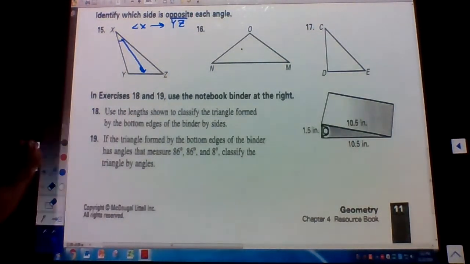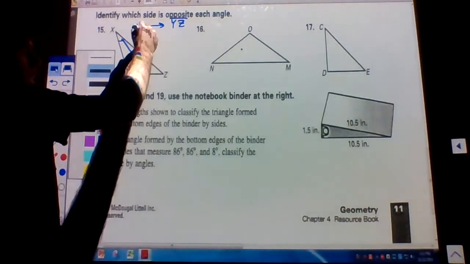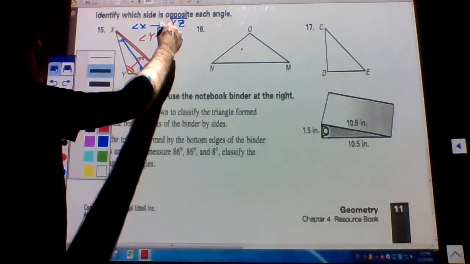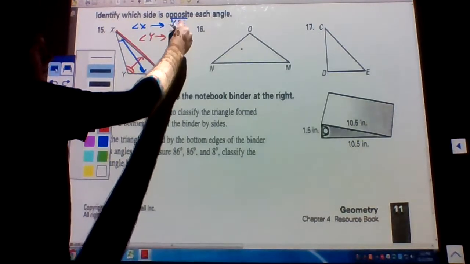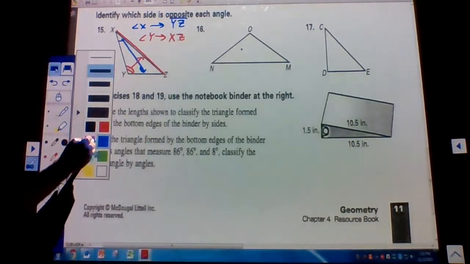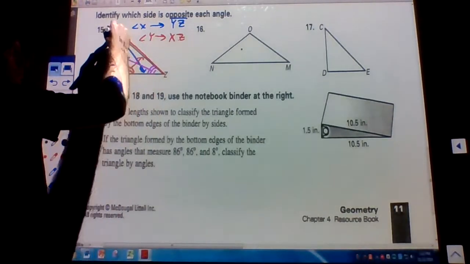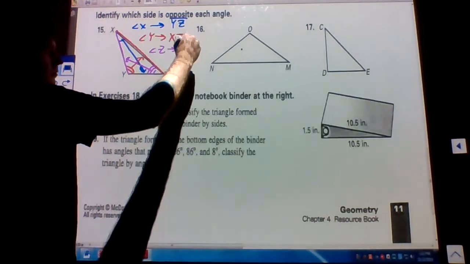Opposite angle Y is going to be XZ. Okay, and then opposite angle Z is going to be XY.